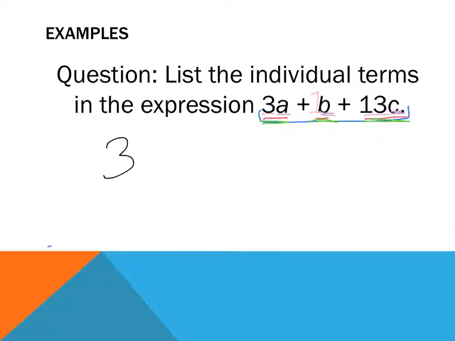So I know one term is 3A, and then it's separated to B. B is the second term. And then the third term is 13C. In an expression, terms are separated by operators. Addition, subtraction, or division. They're the things that separate my terms in an expression.